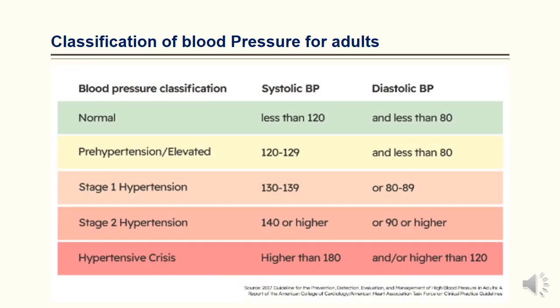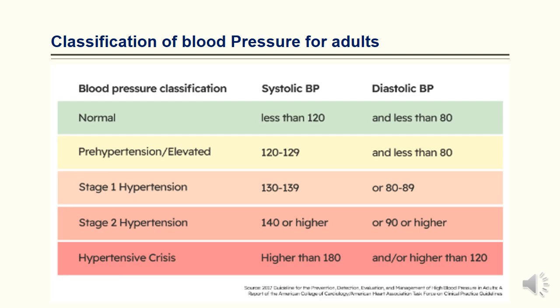This is the classification of blood pressure for adults, and this classification is based on the recommendation of the 7th report of the Joint National Committee on Prevention, Detection, Evaluation and Treatment of High Blood Pressure. This classification is for adults whose age is 18 years or older, as follows in this table.